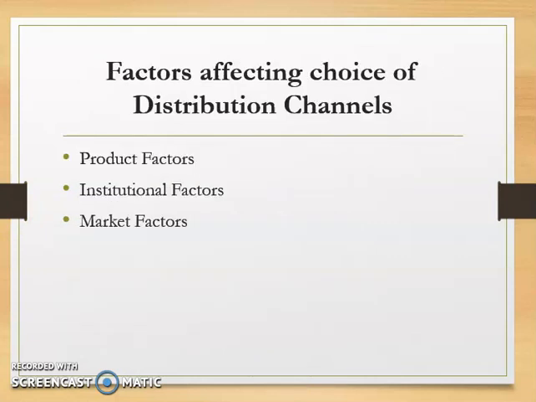There are different factors that will influence or affect the choice of channel of distribution. First is the product factor. And when I say product factor, it's just about the quantity and the quality aspect of the product. Okay, it is also about the technicality of a product, such as product specification, range of a product, variety of product produced by the organization.